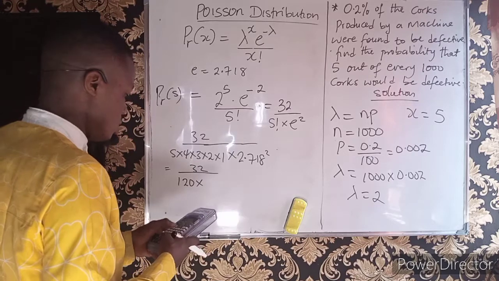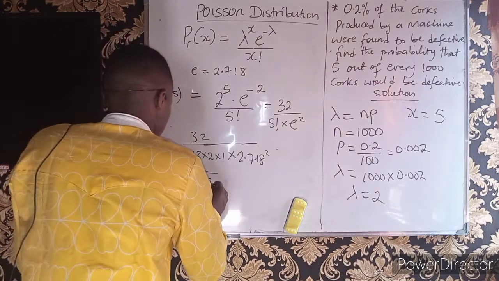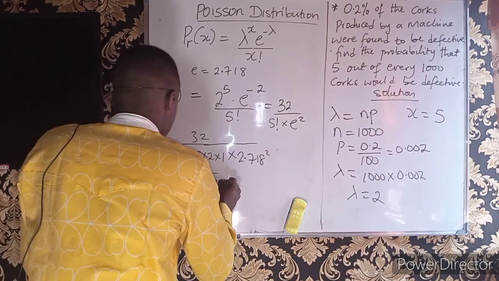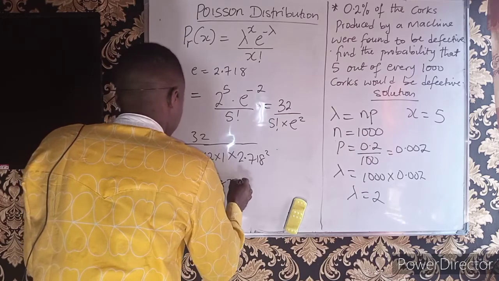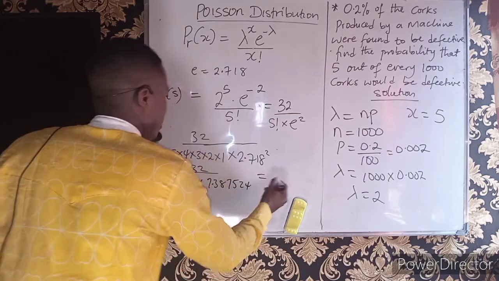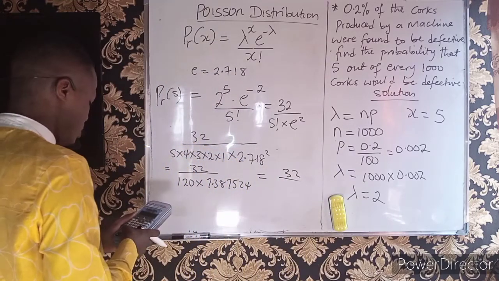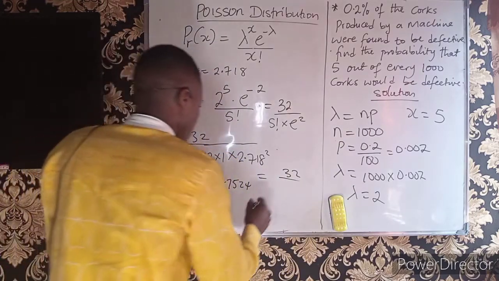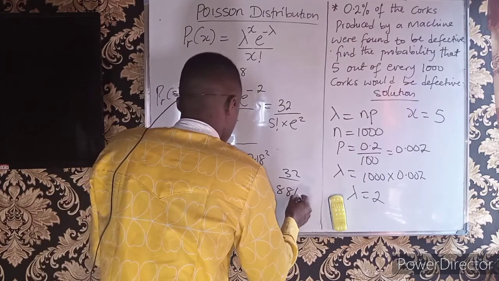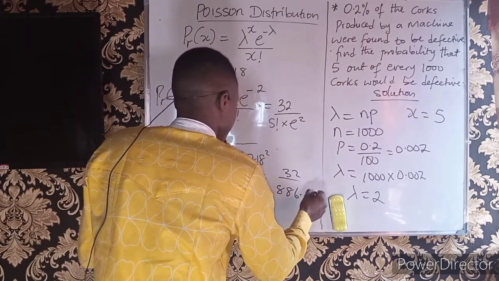2.718 all squared will give us 7.387524. Now we have 32 over, so you multiply by 120, we shall get 886.5.